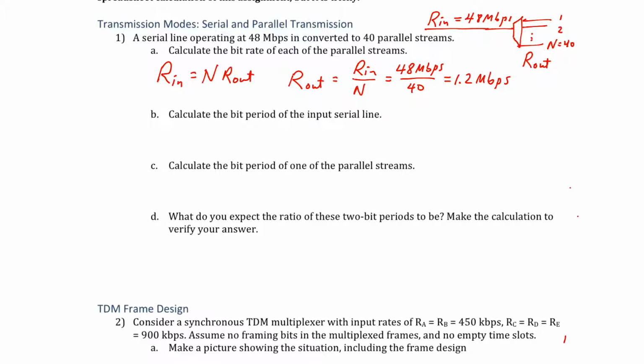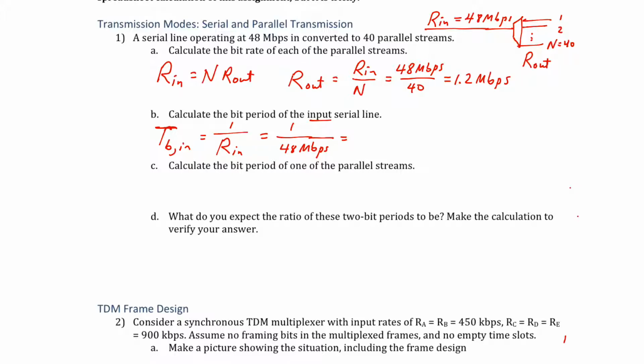The bit period of the input serial line, T bit, the input line is 1 over the input line bit rate, 1 over 48 megabits per second. And let's see here, 1/48 is about 0.4.